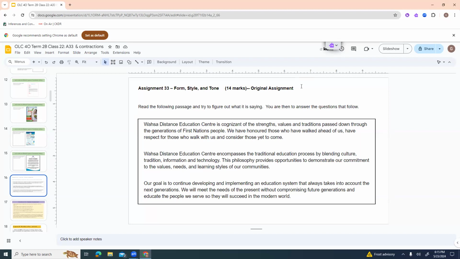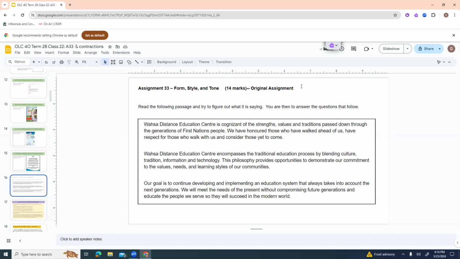So here it says, read the following passage and try to figure out what it is saying, and then answer the questions that follow. Wassa Distance Education Center is cognizant of the strengths, values, and traditions passed down through the generations of First Nations people. We have honored those who have walked ahead of us, have respect for those who walk with us, and consider those yet to come. Wassa Distance Education Center encompasses the traditional education process by blending culture, tradition, information, and technology.